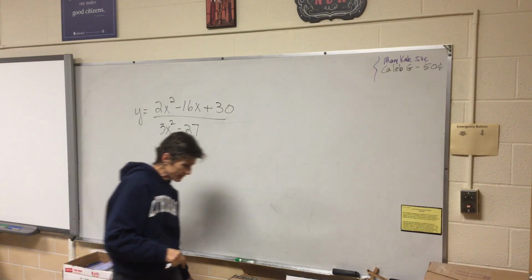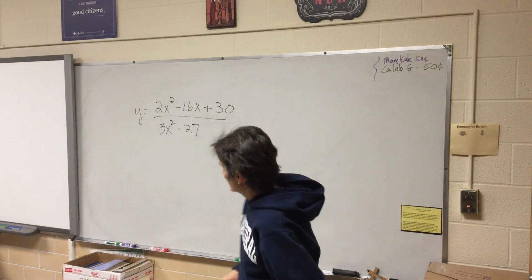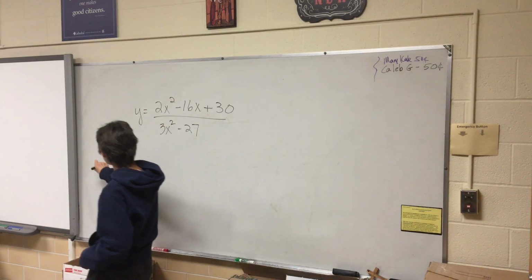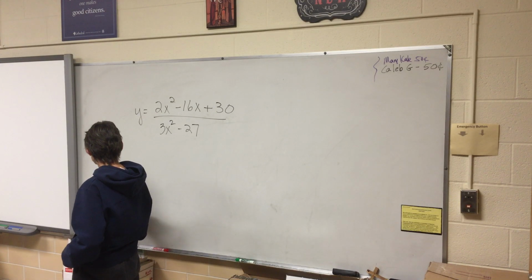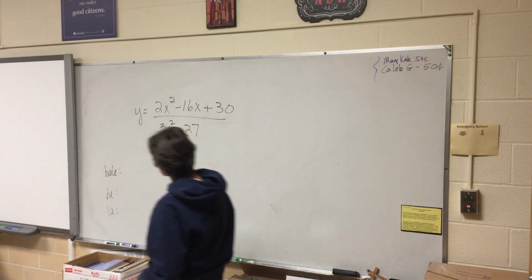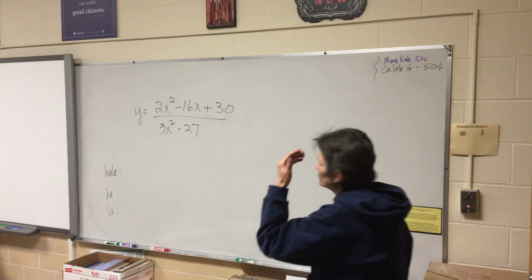All right, let's see if I got this one right. We'll start off by finding the whole like we did last time, and then we'll go ahead and find our asymptotes too.